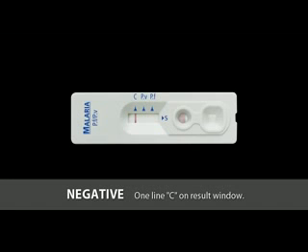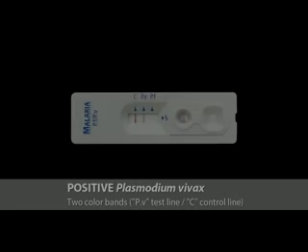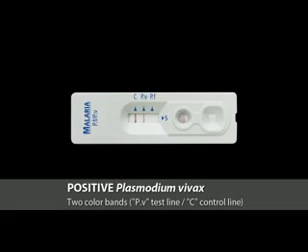Only one line, C, on the result window means negative. Two color bands on the PF and C lines mean Plasmodium falciparum positive. Two color bands on the PV and C lines mean Plasmodium vivax positive.